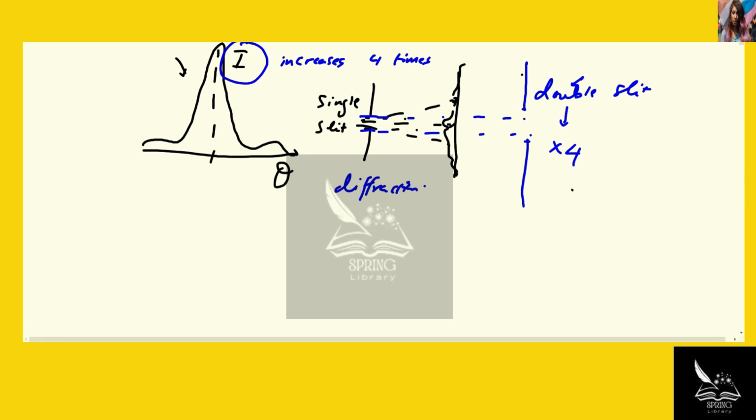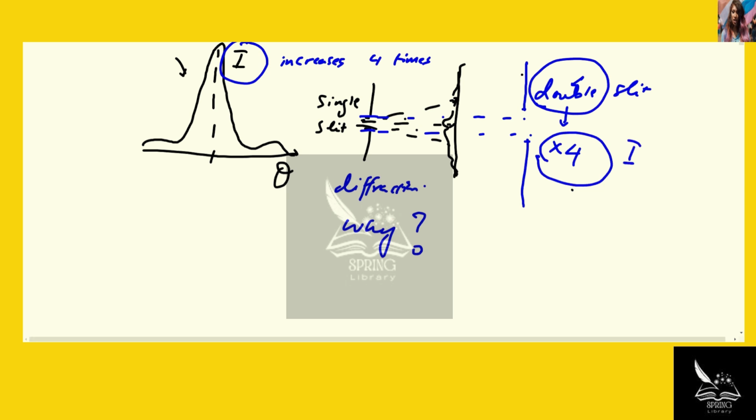The reason why this happens can be depicted in specific steps. We have to explain why it is that when you double the slit, the intensity I goes up by 4 times.